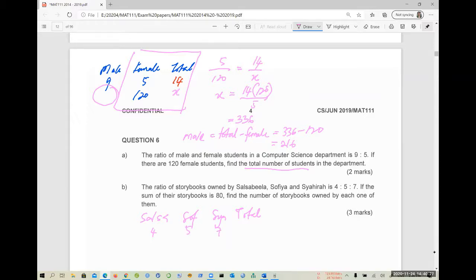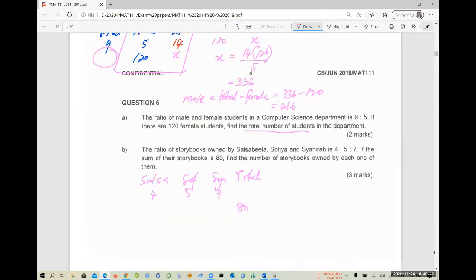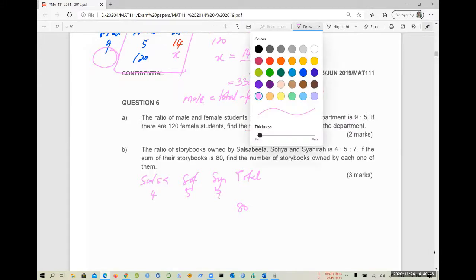And then they give you the sum of their storybooks is 80. So the question right now asks you to find the number of storybooks owned by each one of them. So how to find for each one?